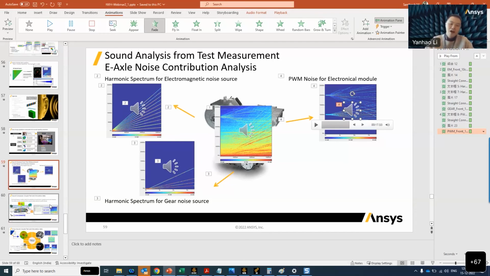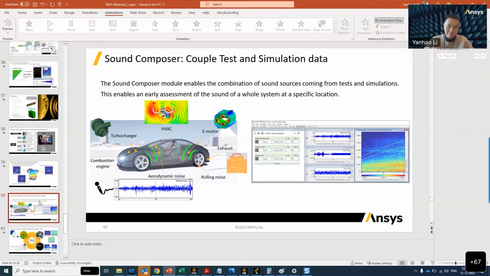So first, you already know Ansys Sound. It's a really strong tool to help you understand your recordings. Then, if you want to work with your simulation results, next, please. We will introduce an interesting tool called Sound Composer.